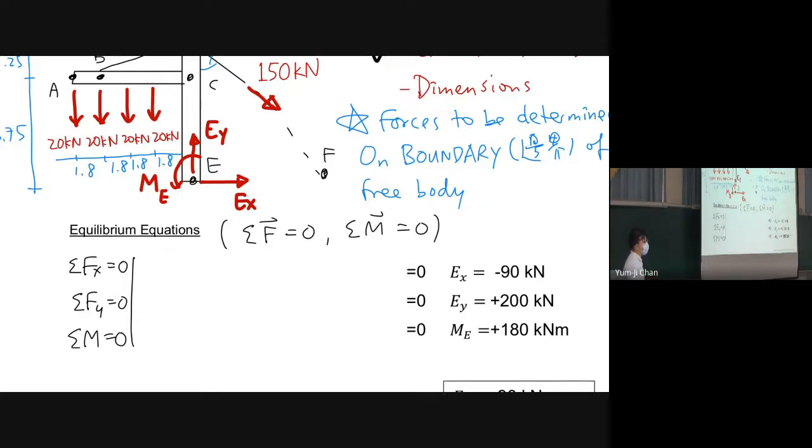To help yourself, at this step, the only problem that your seniors have is to make the positive and negative signs correct.